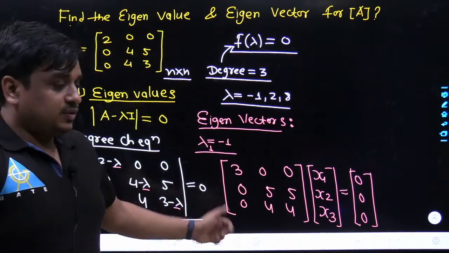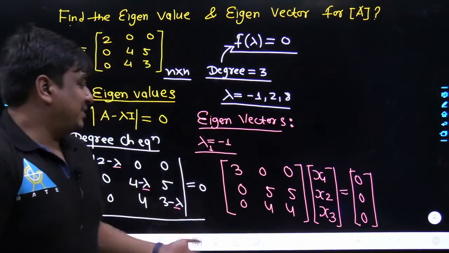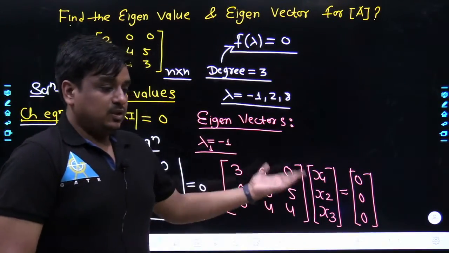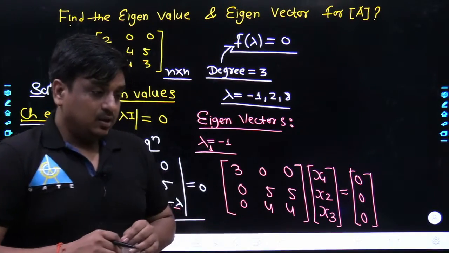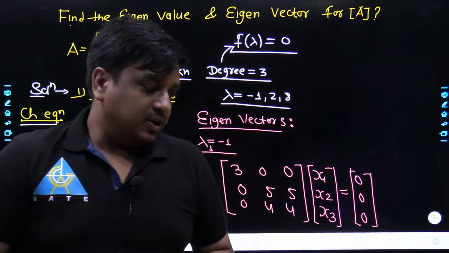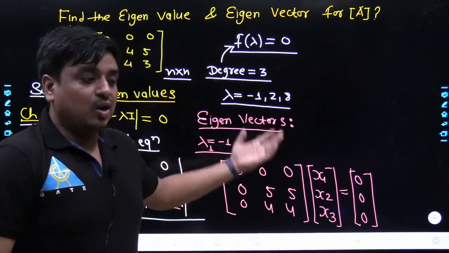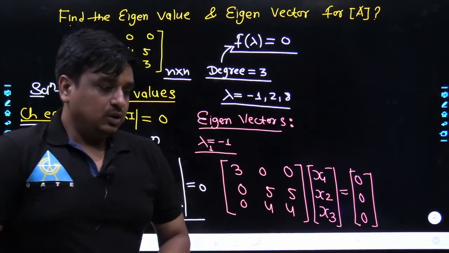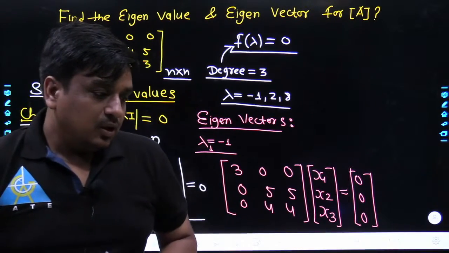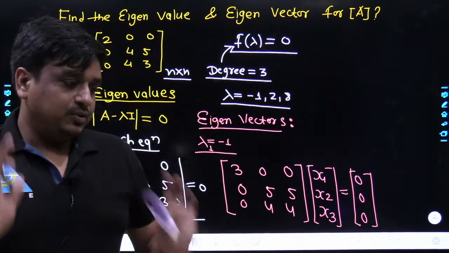I want the numbers in the comment box. Tell me. 2 equations, obviously 2.